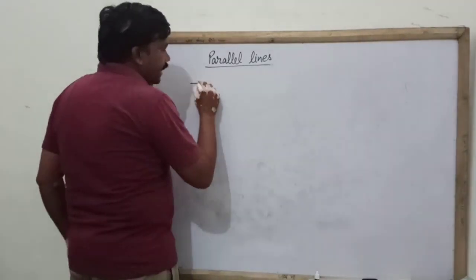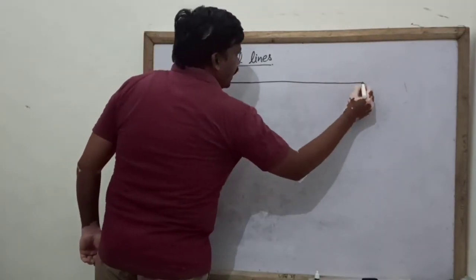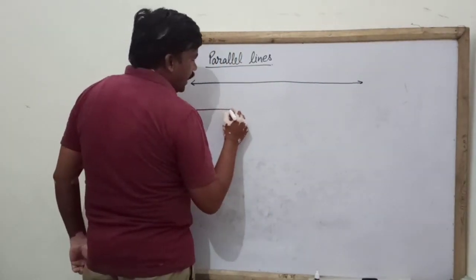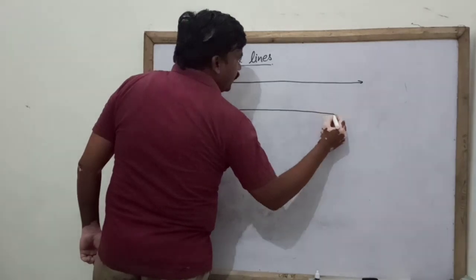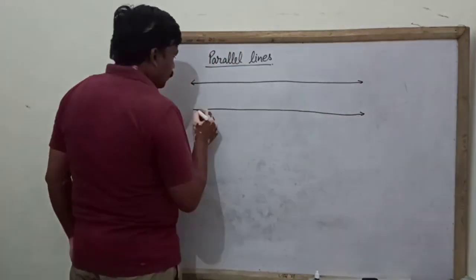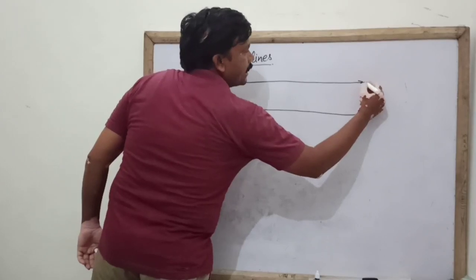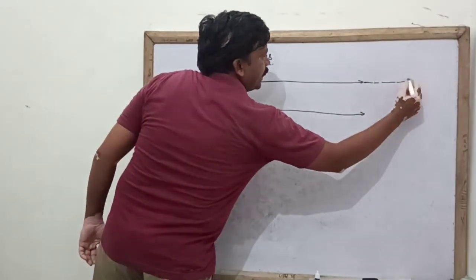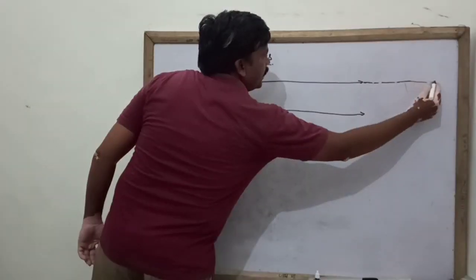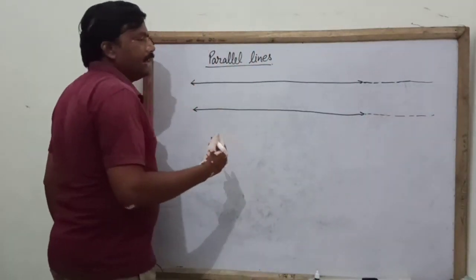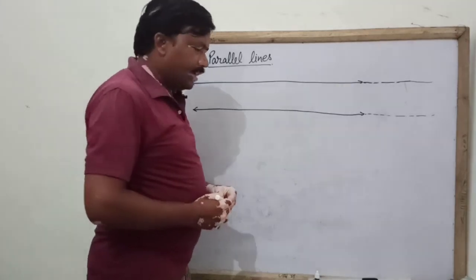We can represent two parallel lines like this: the first one is this and another line is this. If we proceed these lines, they will never intersect each other. Means these lines are parallel lines.